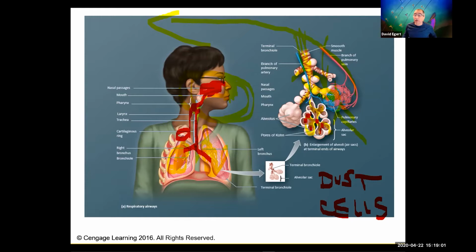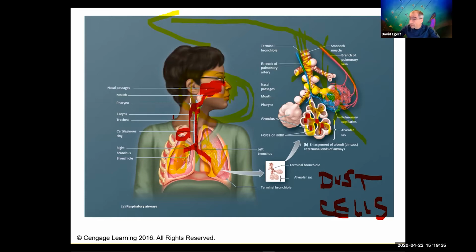Even if you don't think about it, there is so much particulate matter in the air around us. Every car that's driving down, or that used to drive down the street before all this sheltering in place, spews out tons of little particles. So even you don't have to be a smoker or live in some really polluted place to have lots of crap coming down into your lungs. So you constantly have these processes going and cleaning out the stuff in there.